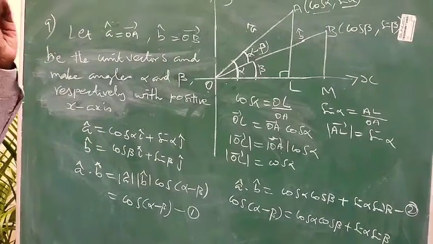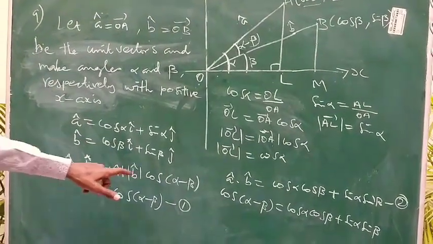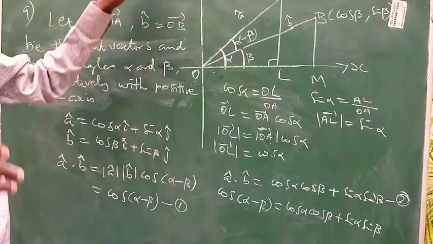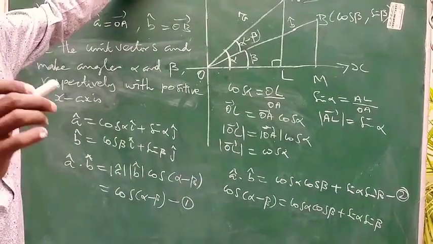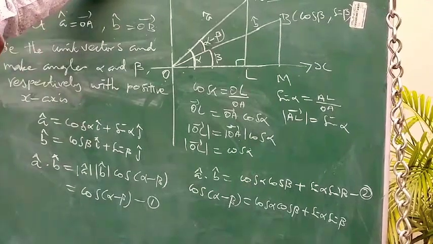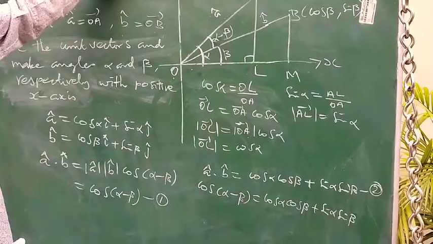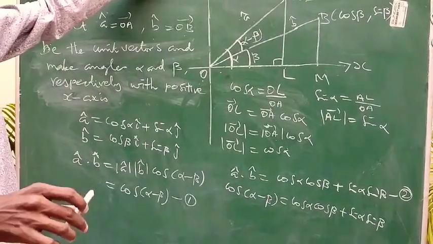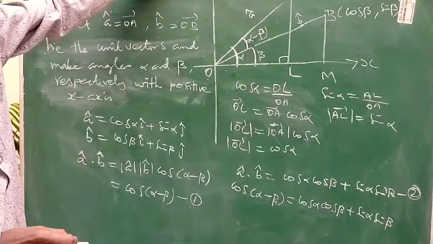So imagine: in the dot product, cos is present; in the cross product, sin is present. Listen to one thing, my dear students. For cos, whether it is cos(alpha plus beta) or (alpha minus beta), use the dot product. For sin(alpha plus beta) or sin(alpha minus beta), use the cross product, don't change that.